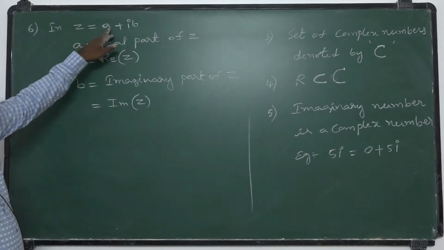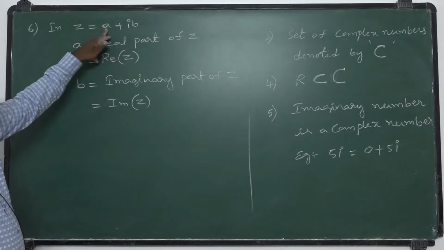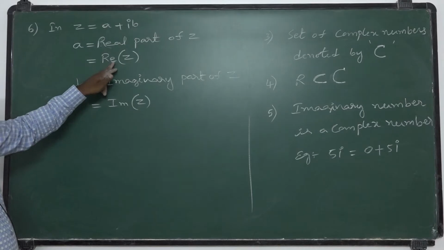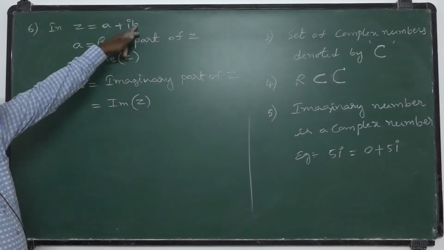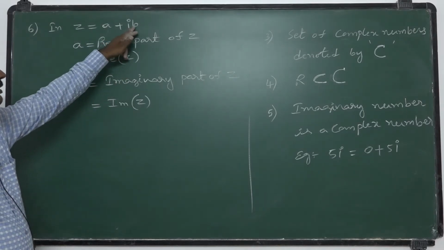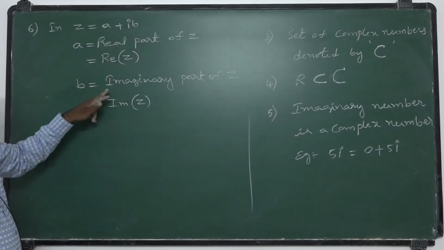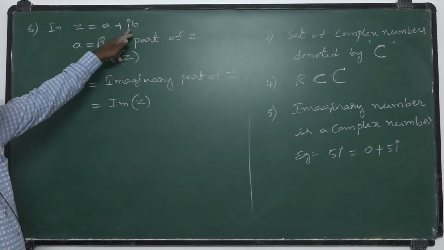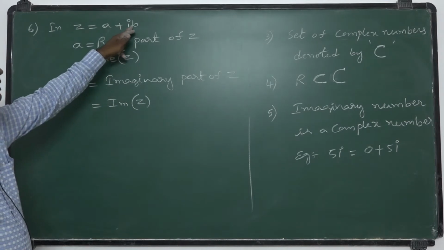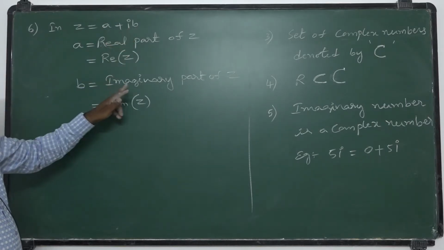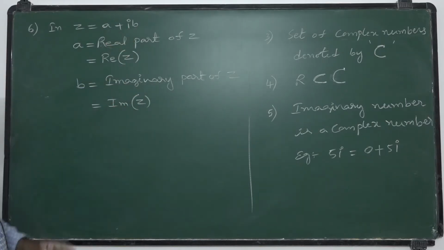In a complex number a plus ib, a is called the real part of Z and b, the coefficient of i, is called the imaginary part of Z.